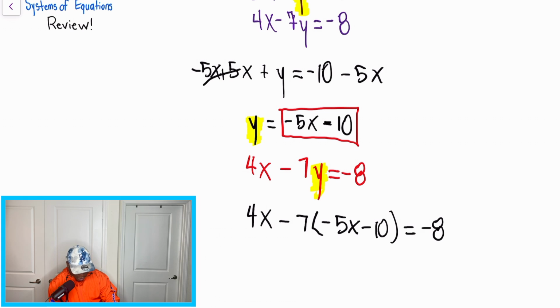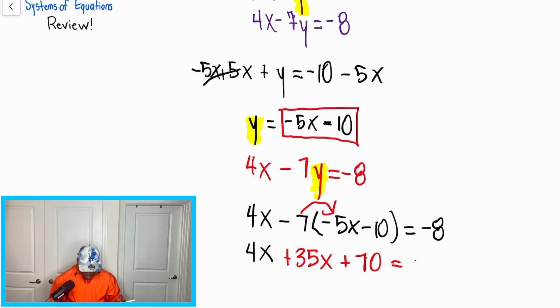But what we want to do now is go through and simplify this. When I multiply negative 7 and negative 5x, we get 35x, plus 70. And this is equal to negative 8. So now you understand why we distributed. You see how the equation changed.